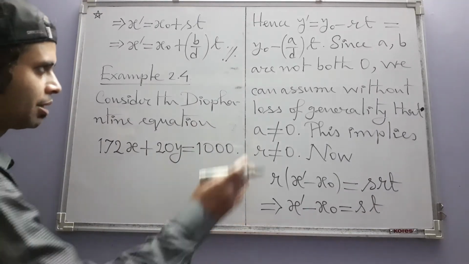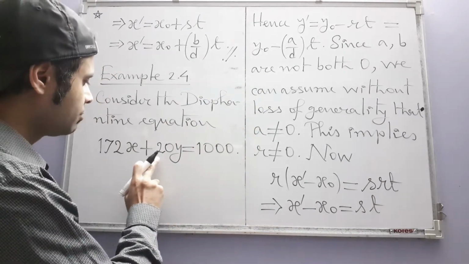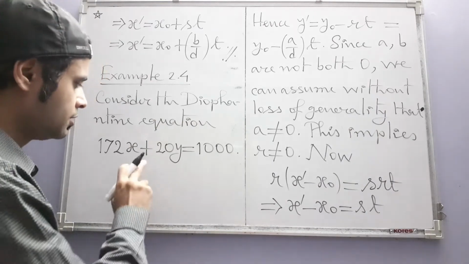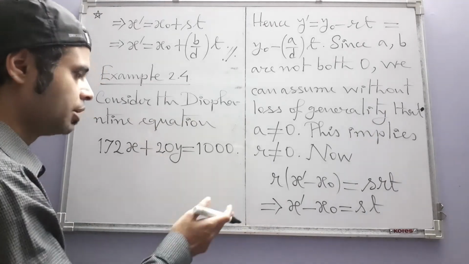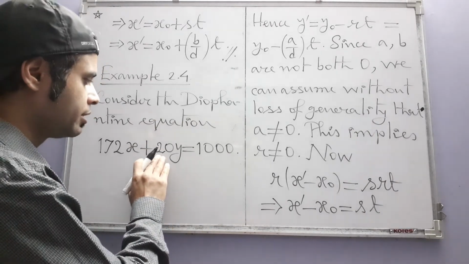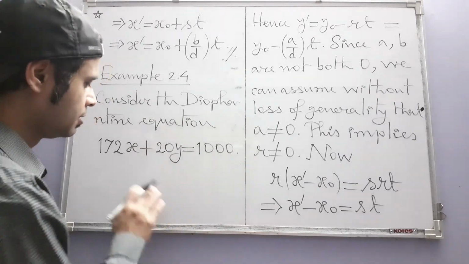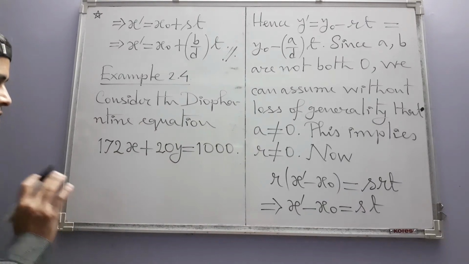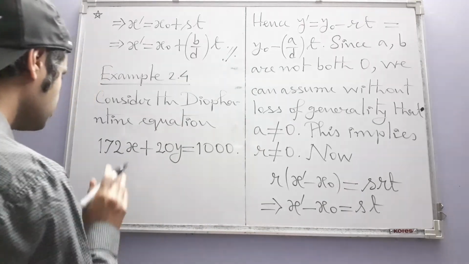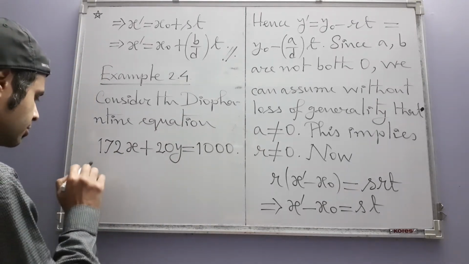Then the GCD of 0 and 20 is 20, so you would see whether 20 divides 1000 or not. It in fact divides, so there would be a solution.